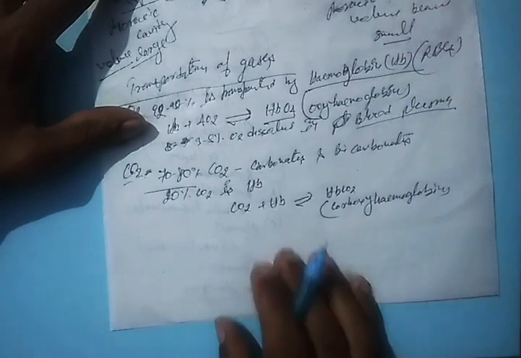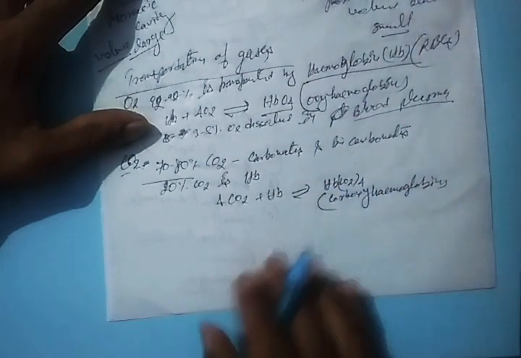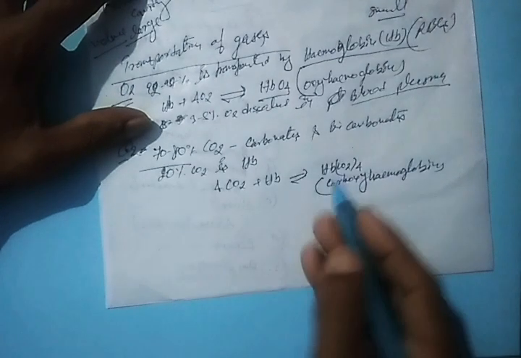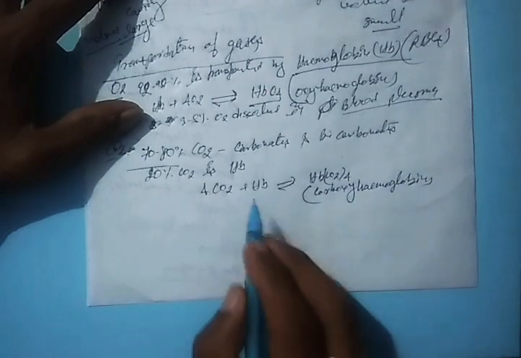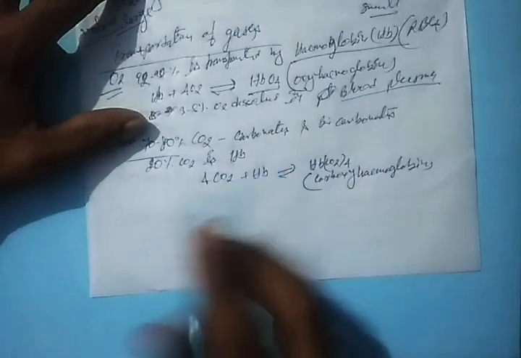Okay, this carboxyhemoglobin dissociates in the lungs and releases carbon dioxide.